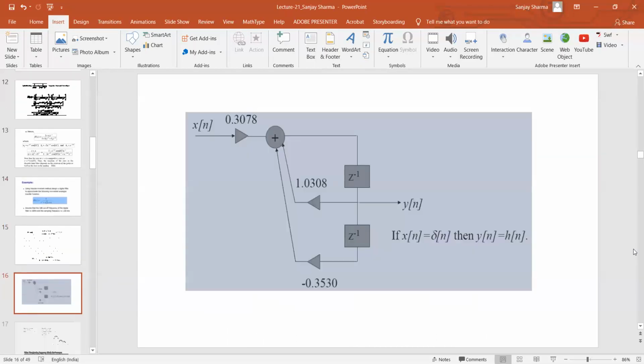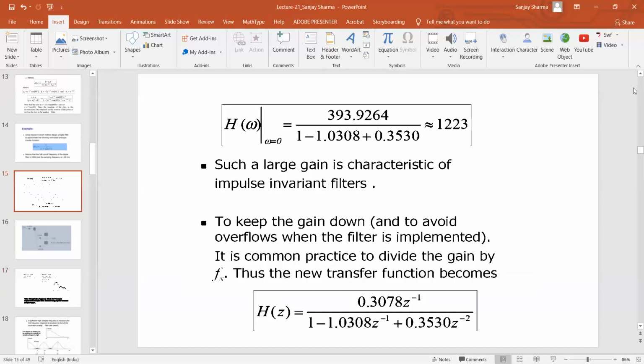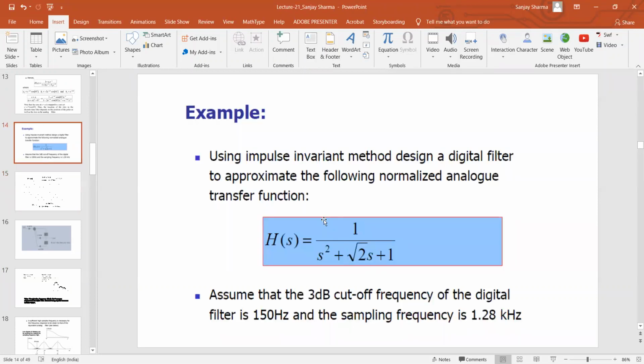Actually, the solution is not complete, some solution is missing. So this is my H(z). How will you get this H(z)? This is H(s). Once you do the partial fractions, you will be able to obtain the h(t) out of here.